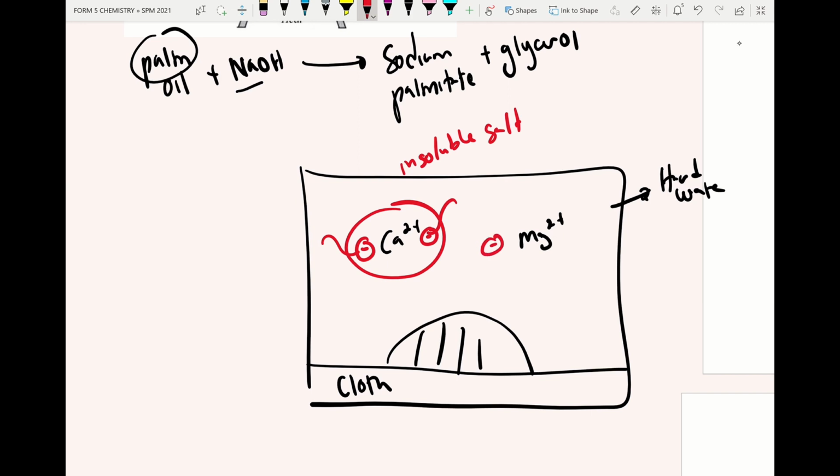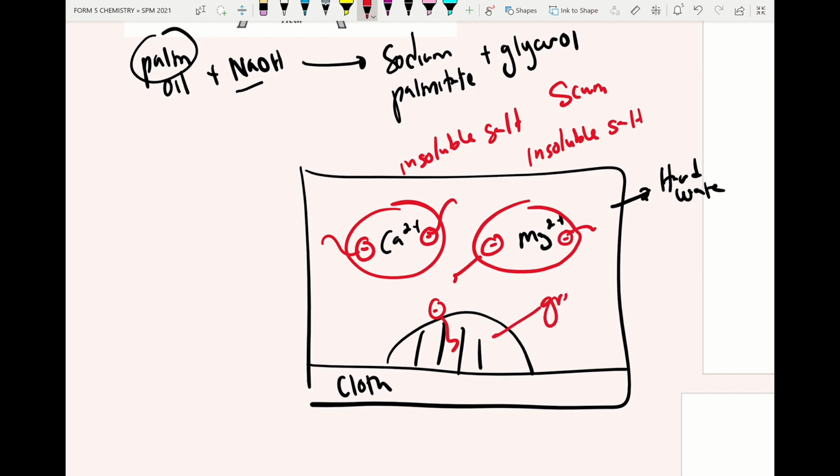Here also, the anion of soap will combine with magnesium ion and form insoluble salt. The insoluble salt is known as scum, and the number of anions of soap is less, so the soap is ineffective in removing the grease from the cloth surface.